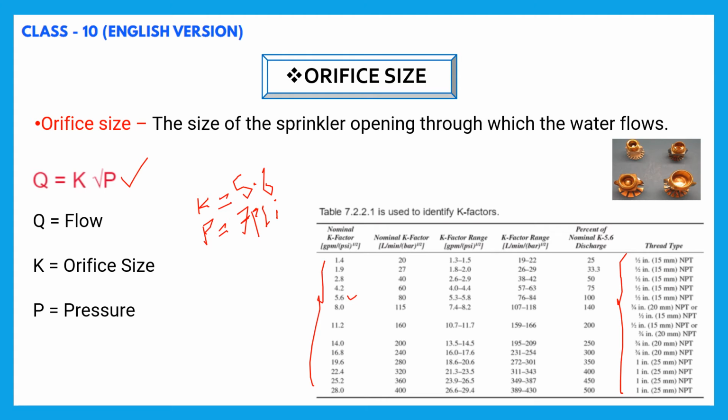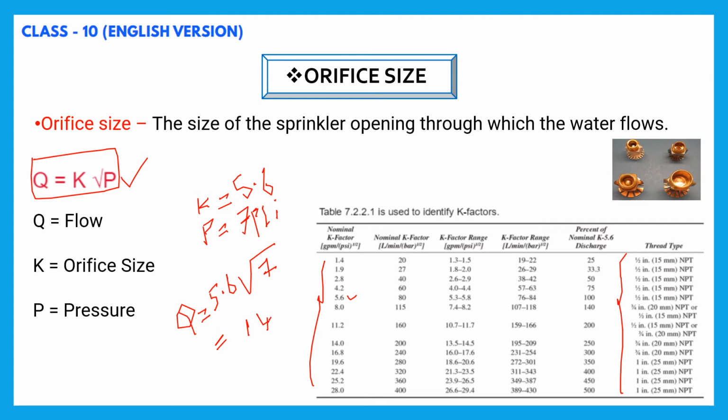So now Q is equal to K root P. Based on this formula, we will enter Q is equal to 5.6 into root 7. So if you calculate, we will get about 14.